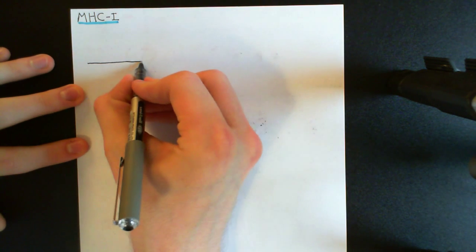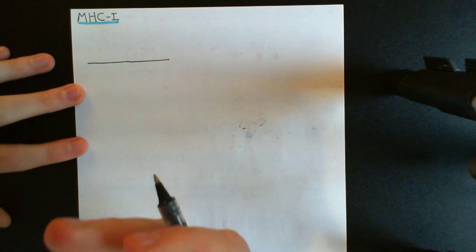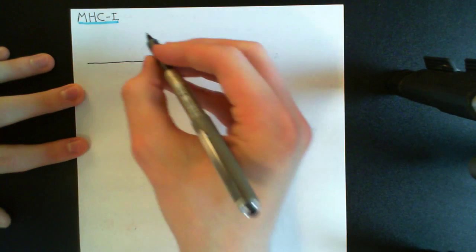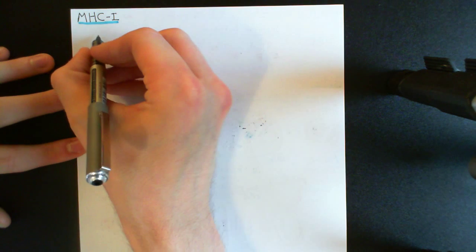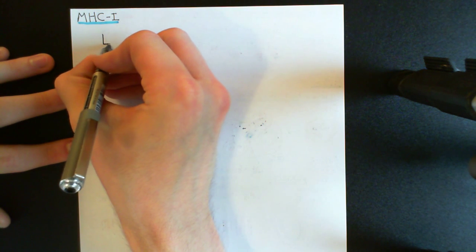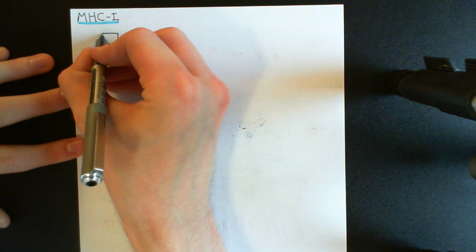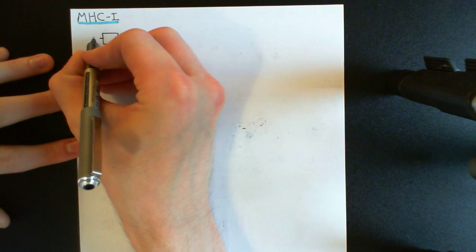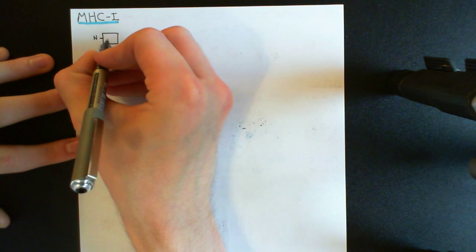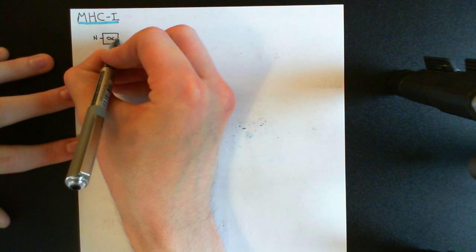So let's say this is the cell membrane, and we'll imagine that we're showing an MHC Class 1 complex on the surface of our antigen-presenting cell. I'm going to start by drawing the alpha chain, and the way I'm going to draw it is like so. It has 3 major domains, which I'm going to draw as these squares. Here is the amino terminus of the peptide. Then the first important domain is known as the alpha 1 domain.